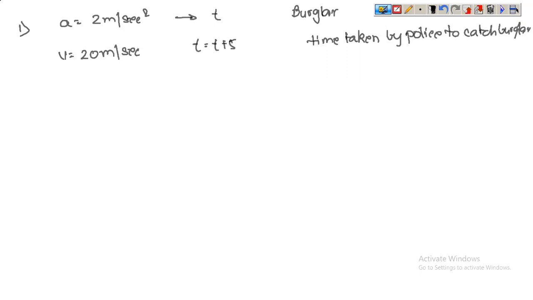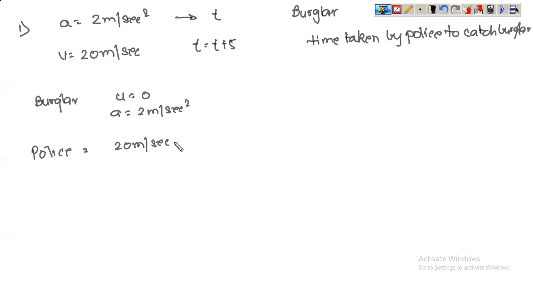To calculate the time, we need to equate the distances that have been traveled. For the burglar, u is 0 because he starts from rest, and acceleration is 2 meters per second square. And for the police, it is a uniform velocity of 20 meters per second.